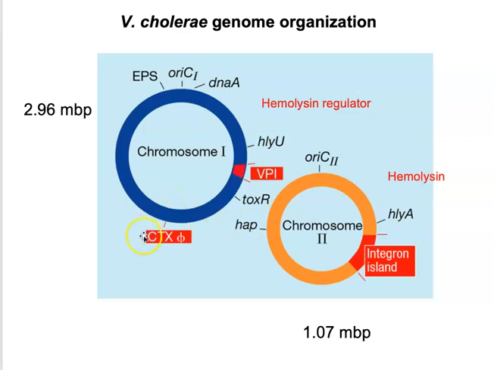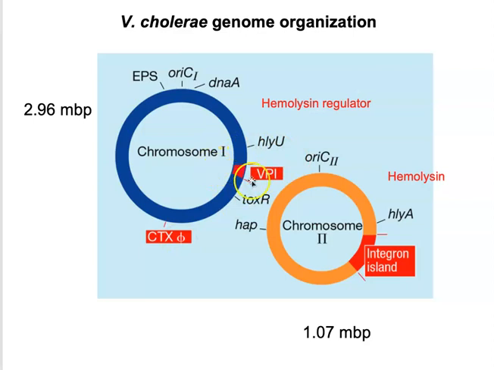So, for example, cholera has an integrated phage. Not all strains, but toxigenic strains of cholera have an integrated phage called CTX-phi. And this chunk of DNA that was inserted by a virus infection includes, for example, cholera toxin, which gives Vibrio cholerae its major virulence factor.